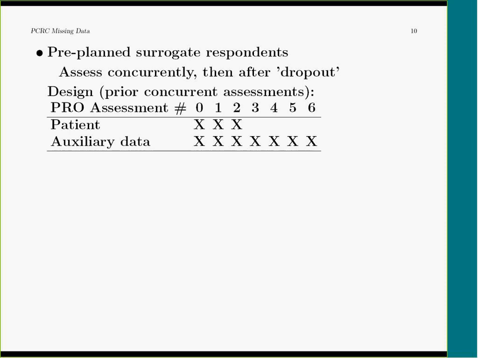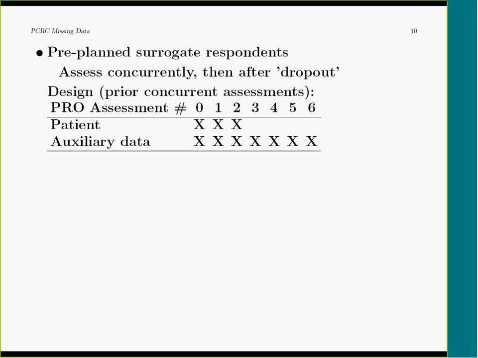Or if we're trying to get some measure of physical functioning, something like the Karnofsky or some other performance status measure that's assessed by the staff might explain a lot of the variation in the outcome that we would have seen.